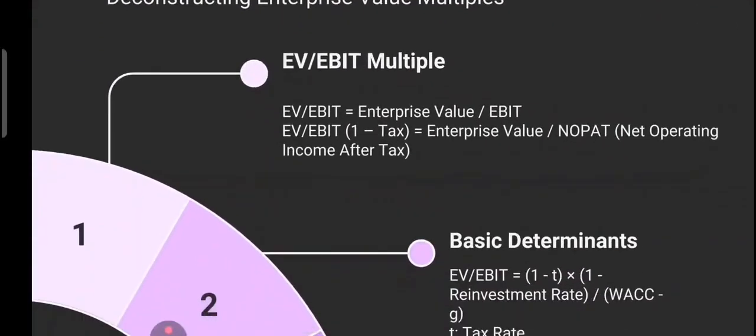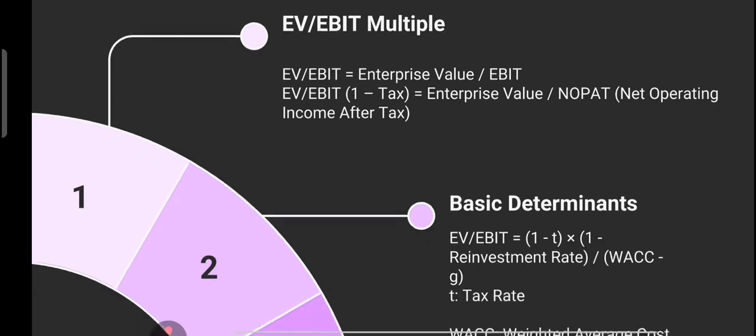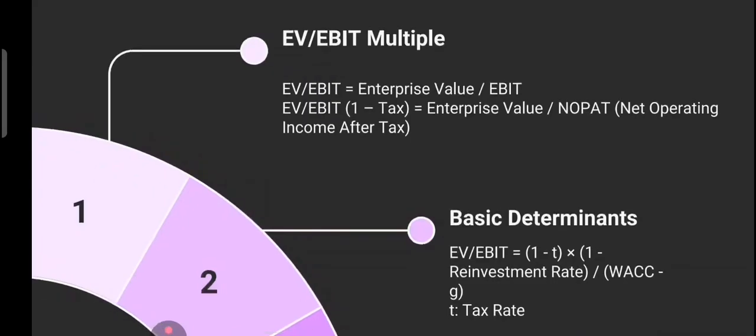And the same enterprise value is to be put in the numerator, and EBIT is to be put in the denominator, right? And if we do the same calculation after adjusting for tax, it is equal to EV upon EBIT divided by 1 minus tax.